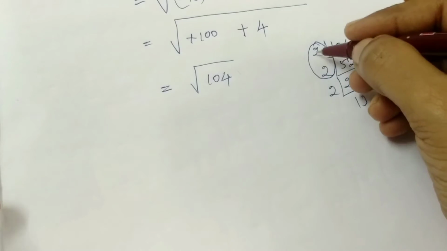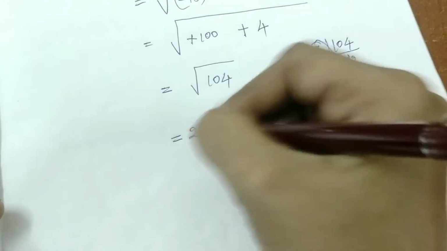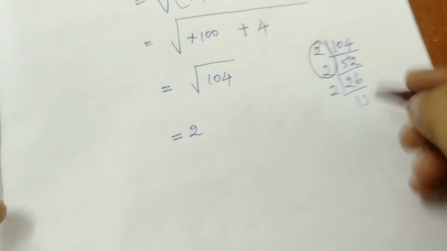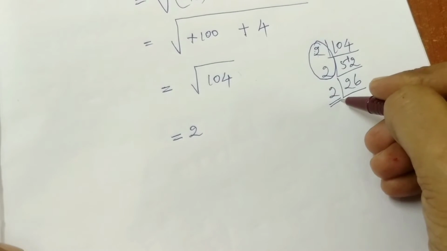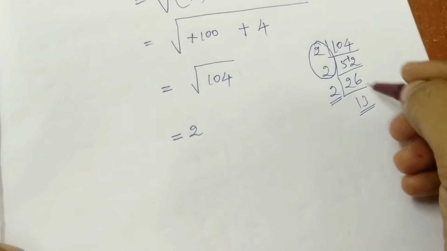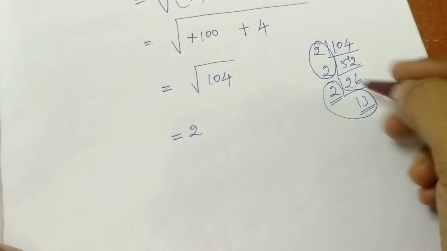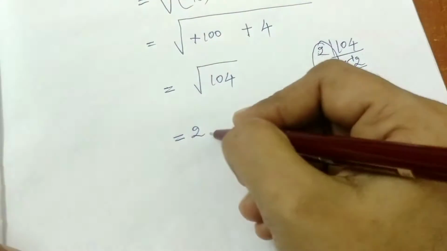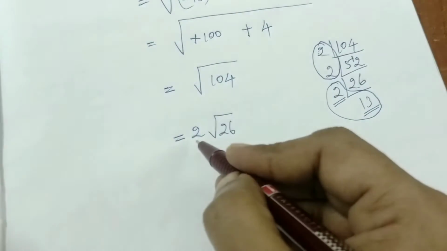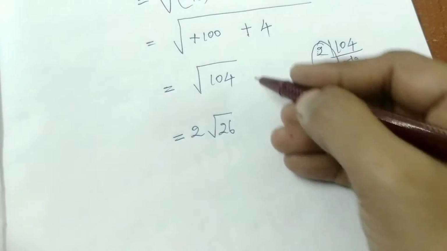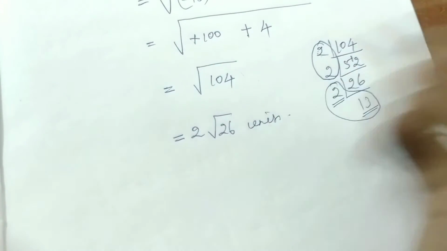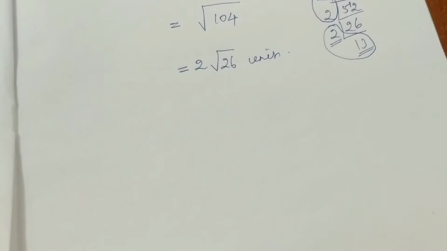So in this we are having two 2s, so outside the square root you have to write only one 2. And then this 2 having no pair, this 13 also having no pair, so you have to multiply both the numbers and put this number inside the square root. So square root of 26. So 2 square root of 26 units. So this is our second sum answer.